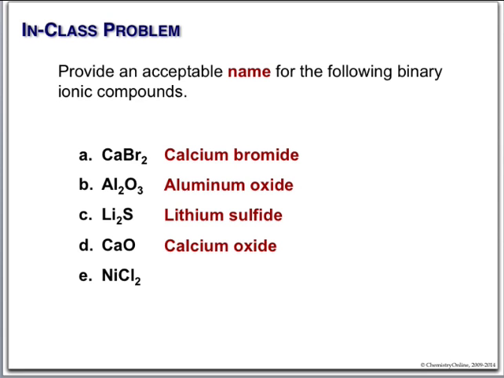Ni is nickel. Nickel is a transition metal right here, so a metal. Paired up with chlorine, we could call this nickel chloride. Well, we could call it nickel chloride, but we'd be wrong.